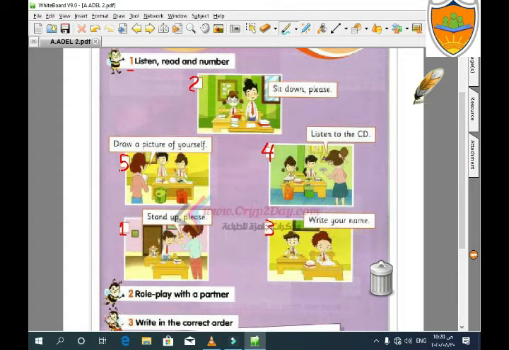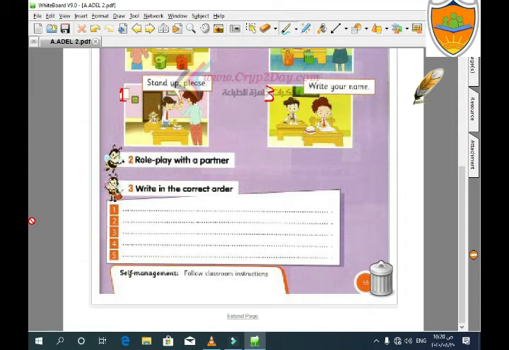Next part, write in the correct order. We have number 1 here. Stand up, please.